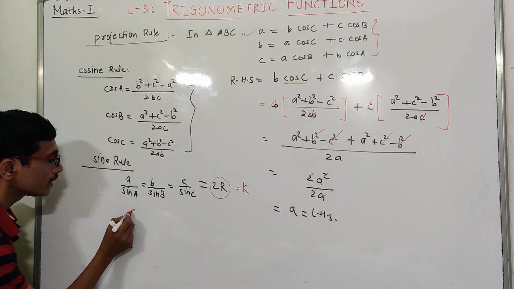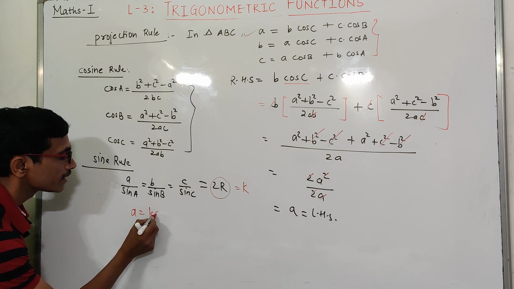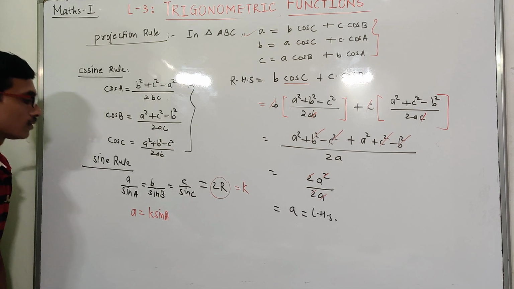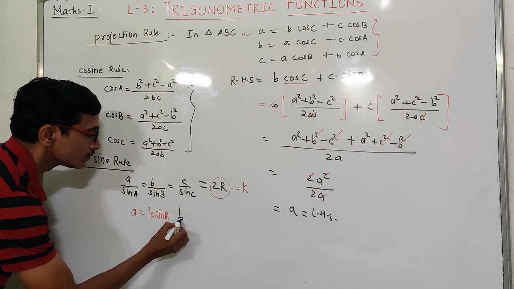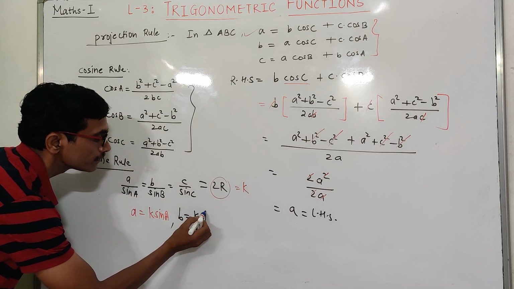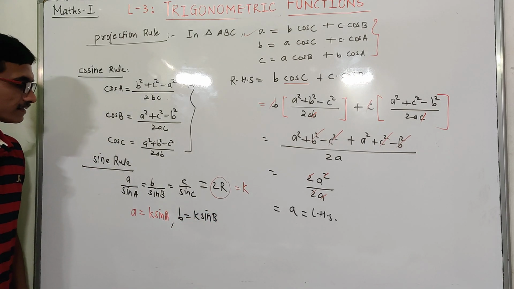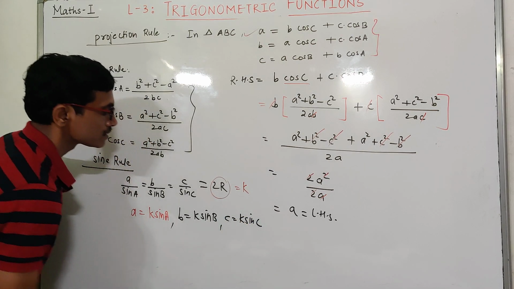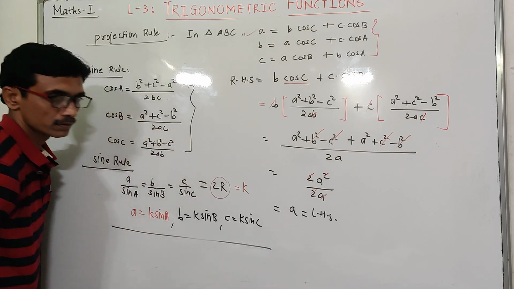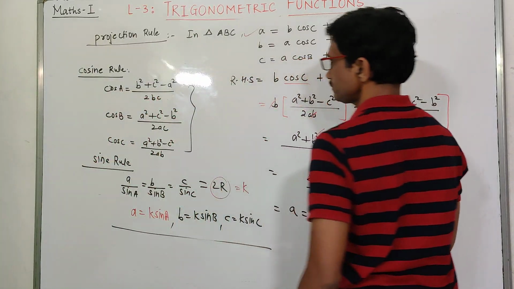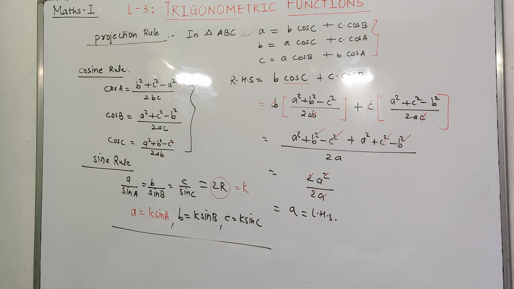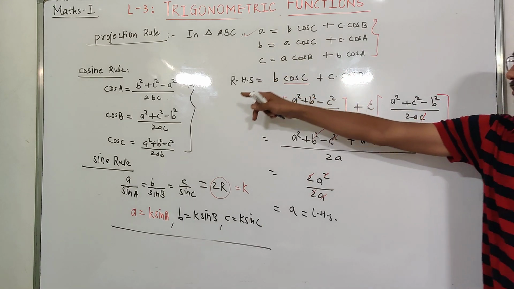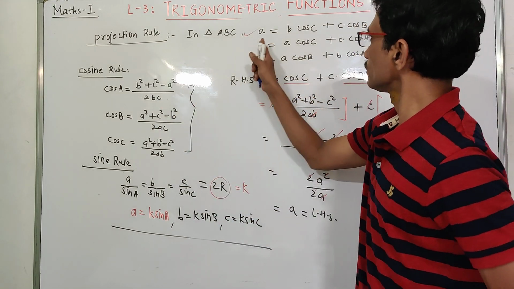So a is equal to k sin A, b is equal to k sin B, and c is equal to k sin C. This is another form of the sine rule. Then the projection rule. So sine rule, cosine rule, projection rule.